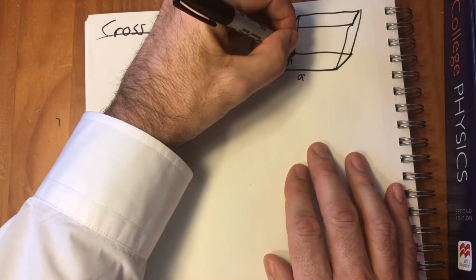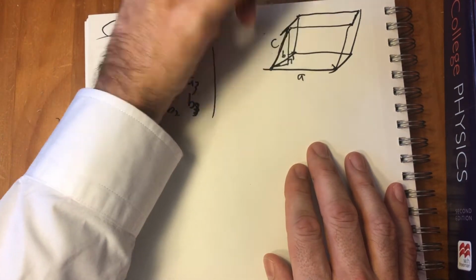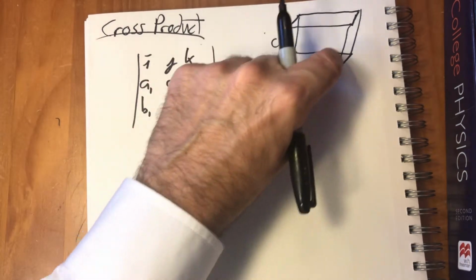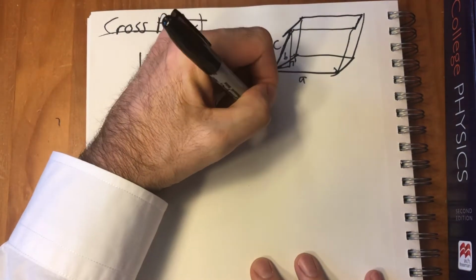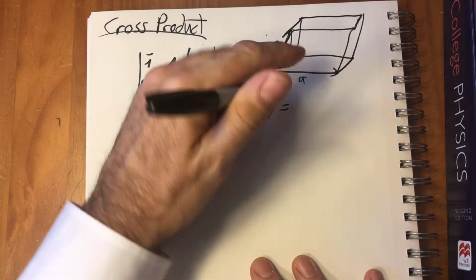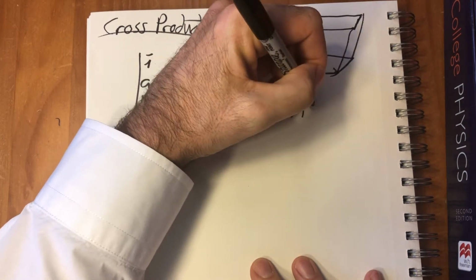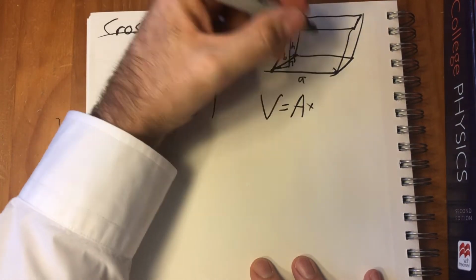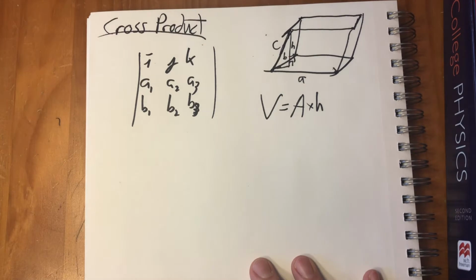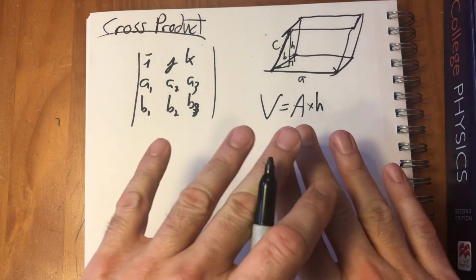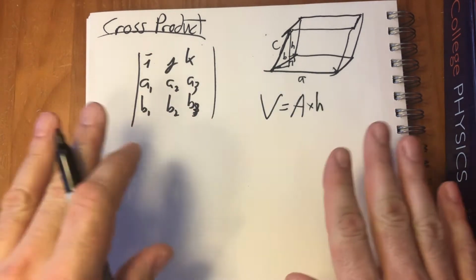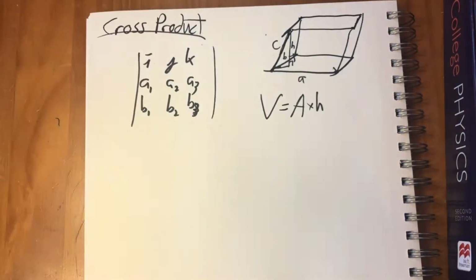So again, the volume of this is just the area of the base times the height, right? Basically, area, volume, it's always the area of the base times the perpendicular height.